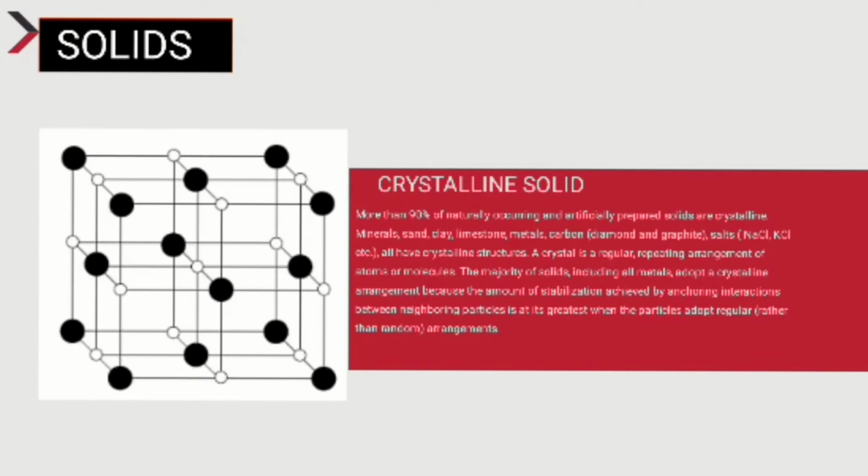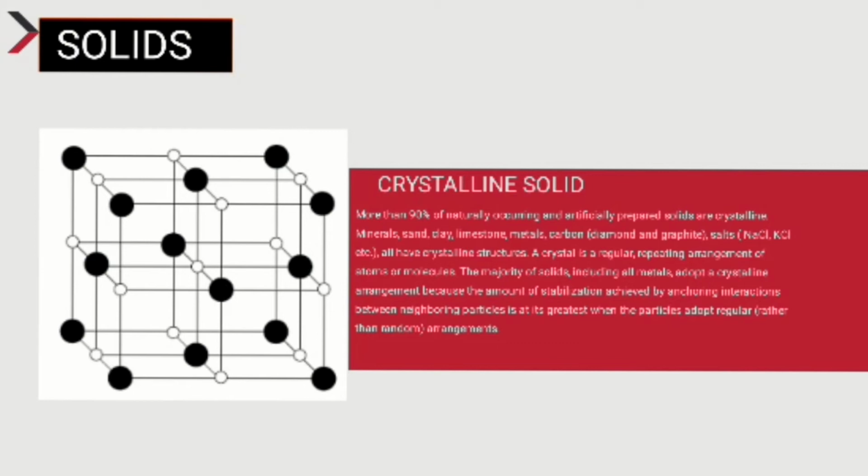So the next one is the crystalline solid. More than 90% of naturally occurring and artificially prepared solids are crystalline. Minerals, sand, clay, limestone, metals, carbon, diamond, and graphite salts all have crystalline structures. A crystal is a regular, repeating arrangement of atoms or molecules.